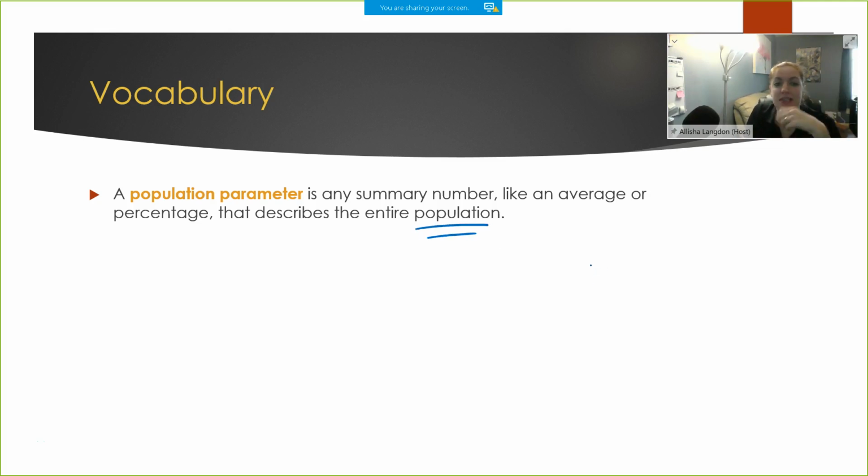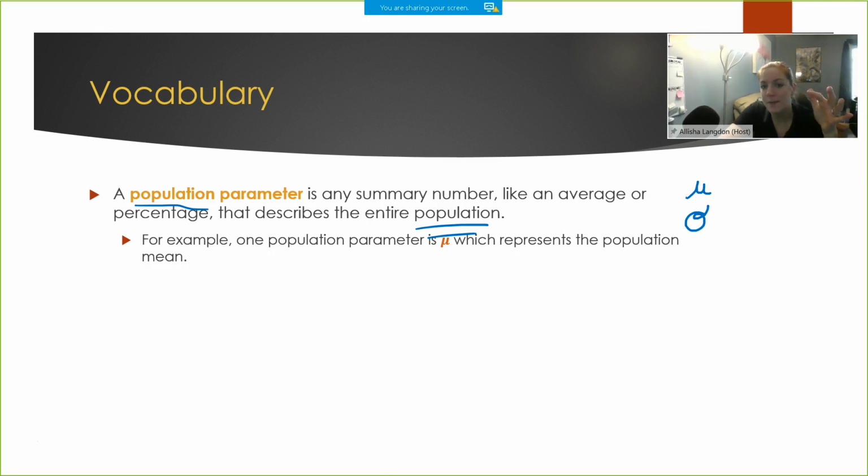So these are things like your mu, which is your population mean. This is also your sigma, which is your population standard deviation. These are all population parameters. The name kind of gives it away, right? Population parameters.